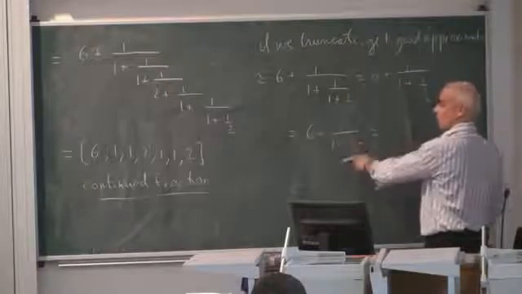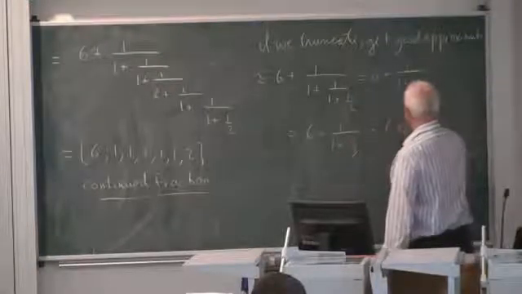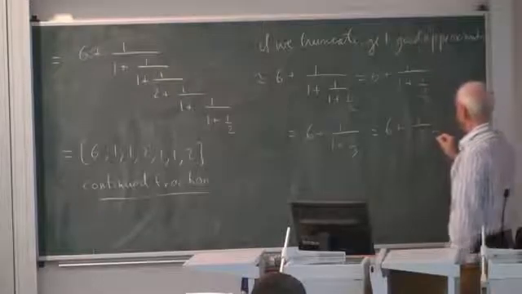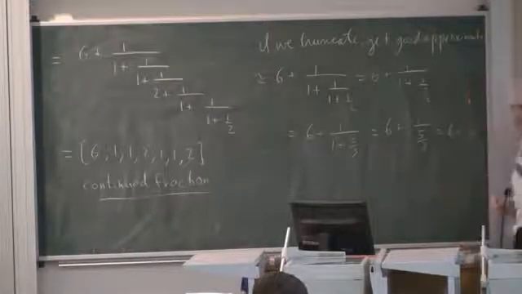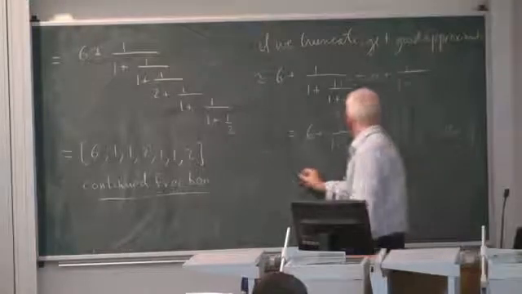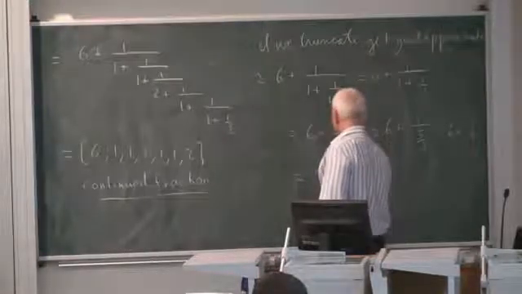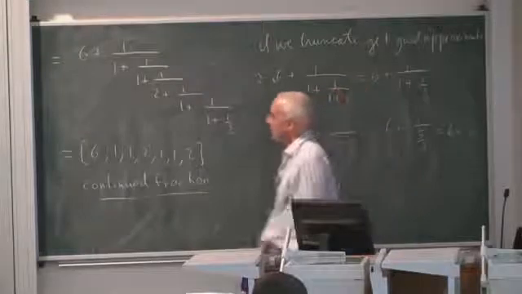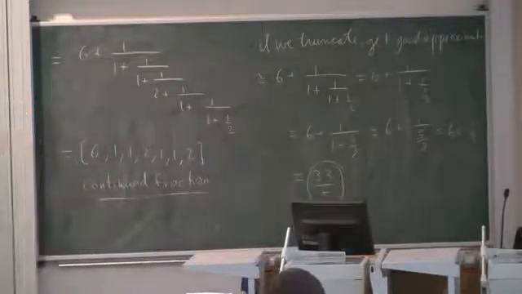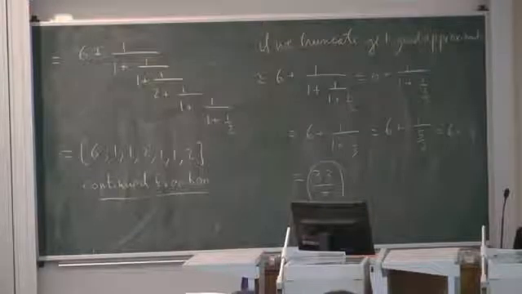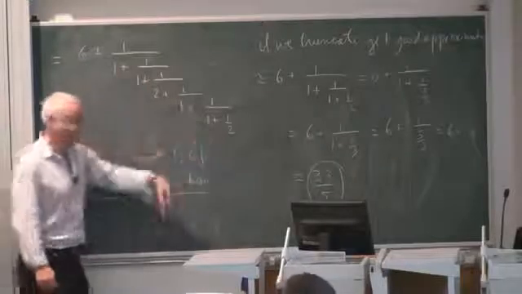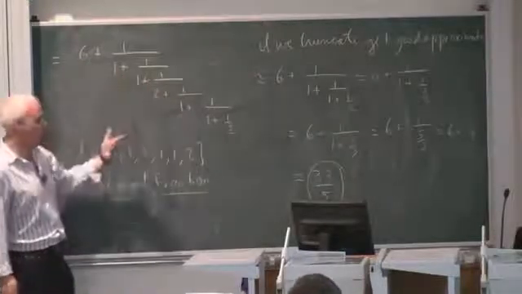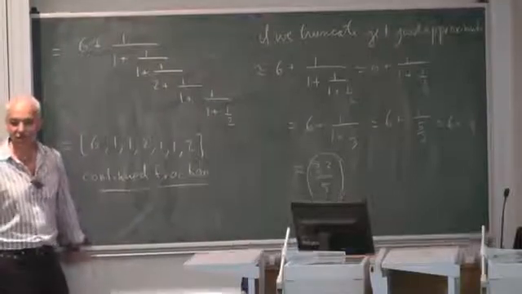And this then is 5/3. So that's the same as 6 plus 3/5. Or as a mixed fraction, 33 over 5. So that would be an approximation to 612 over 93. And by going further down, we get a better approximation. By taking fewer terms, of course, we generally get a poorer approximation.